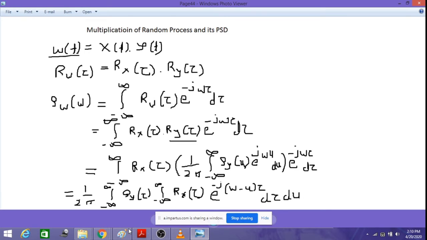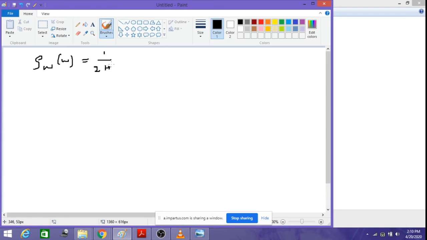So that will be 1 by 2 pi into integral from minus infinity to plus infinity of S_Y of u into, now this can be written as S_X of omega minus u, du.